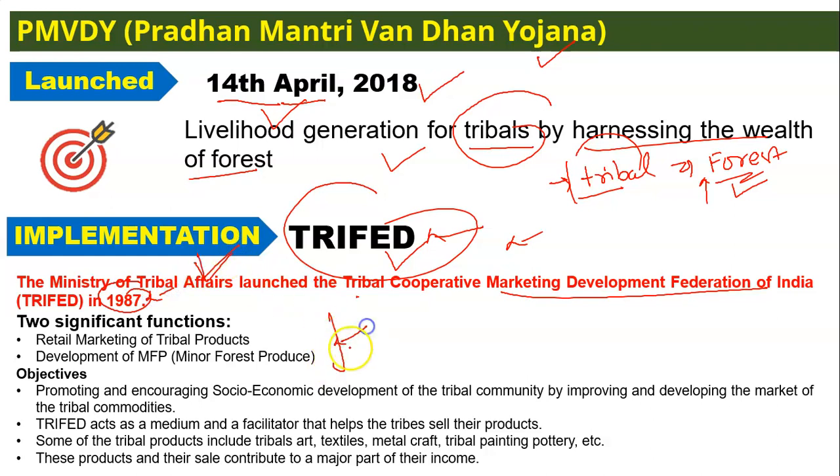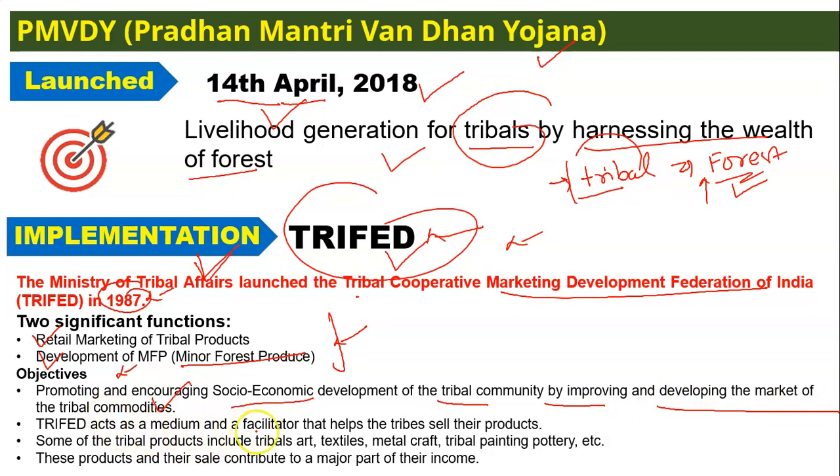This has 2 significant functions. The first is retail marketing of tribal products or development of minor forest produce. Its main objective is the promotion and encouragement of socio-economic development of the tribal community by improving and developing the market of tribal commodities.